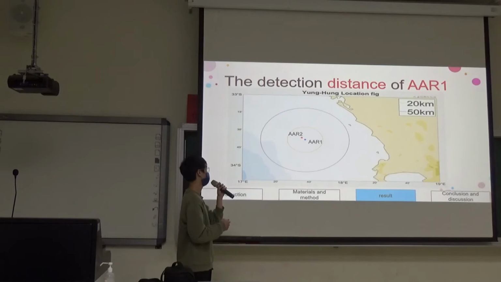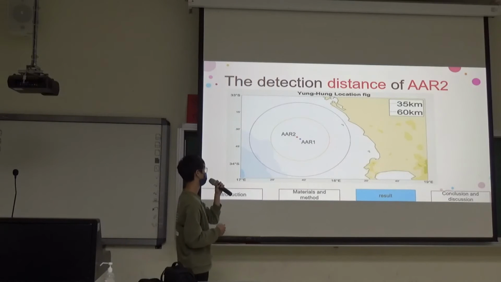If the calls are between the orange circle and purple circle, they might be received by AAR1 sometimes. But if the whale calls outside the purple circle, they cannot be received by AAR1 the whole year. For this figure, the minimum hydrophone receiving distance is 20 km, and the maximum is 50 km.